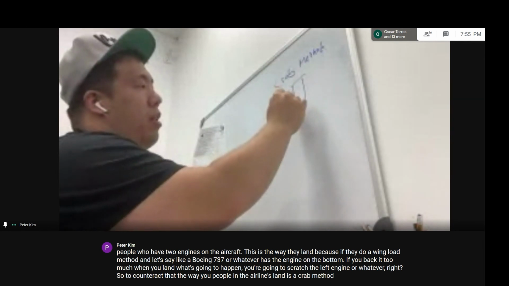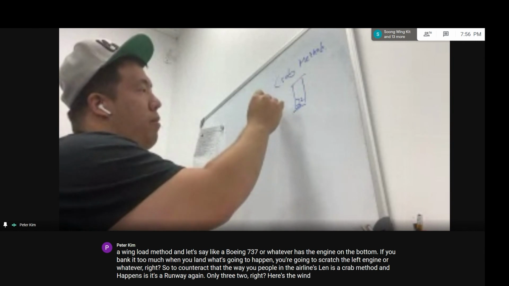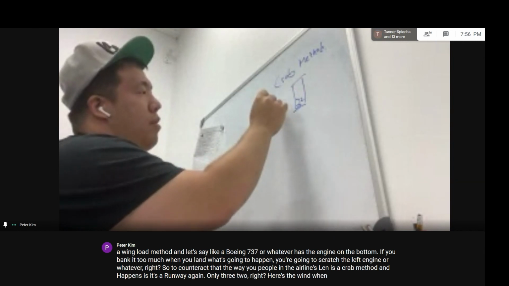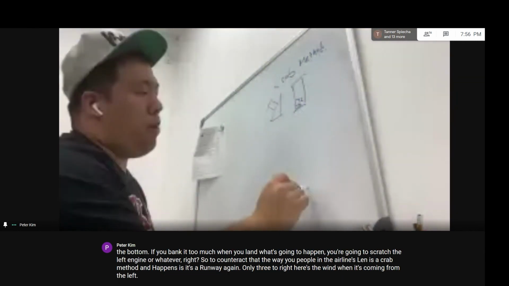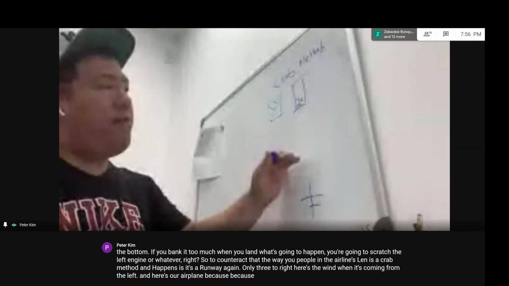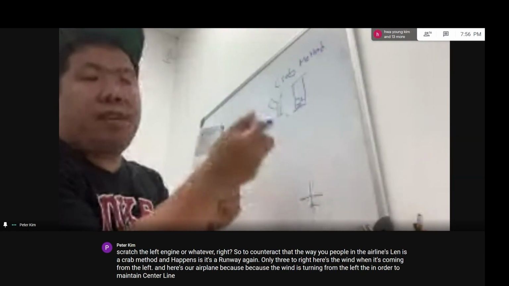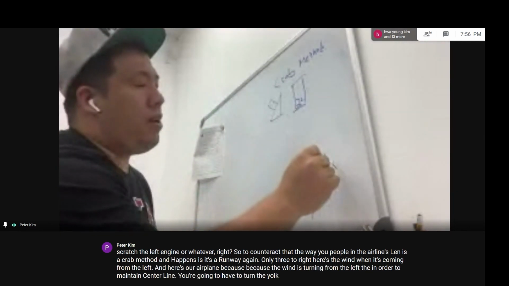Here's the runway again, runway 32, right? Here's the wind. Wind is coming from the left. And here's our airplane. In order to maintain center line, you're going to have to turn the yoke to the left, right?